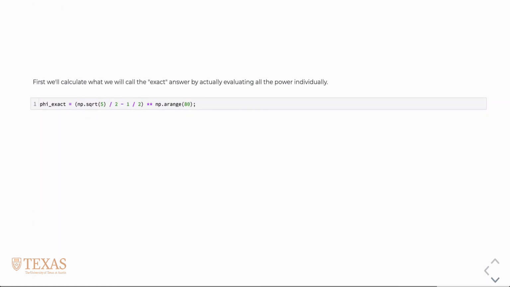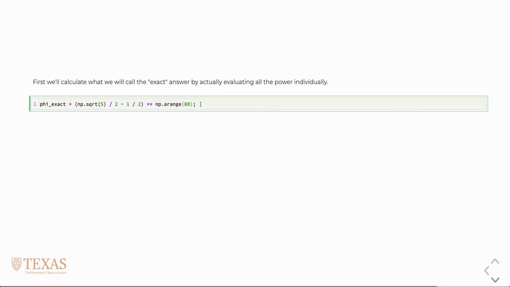So the first thing we'll do is actually compute all of the powers individually. So we're not going to use that formula, or what we'll call the recursion relationship, right now. We'll actually compute the powers. And the way we'll do that, of course, is we'll use NumPy and do some broadcasting. So we have the square root of 5 over 2 minus a half, all to the power of a NumPy array that goes from 0 to 79 in this case.